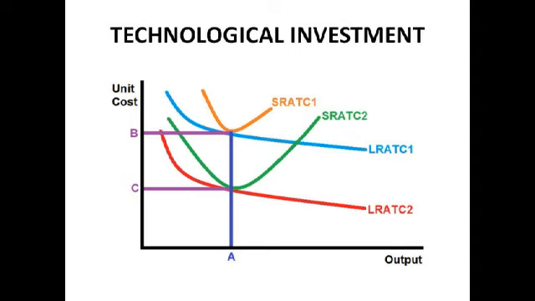So we move on to long run average total cost curve 2, which has obviously shifted us down a lot. So we're now on that red bit there, we're at C rather than B, so we're making a total saving of BC, which is obviously great for the firm because it means it's cut its costs a lot, so it can increase profit. It can also choose to lower prices as well, which could be great for the consumer.